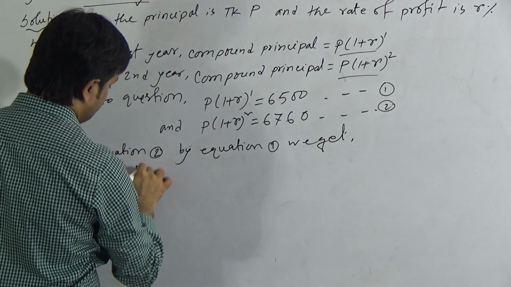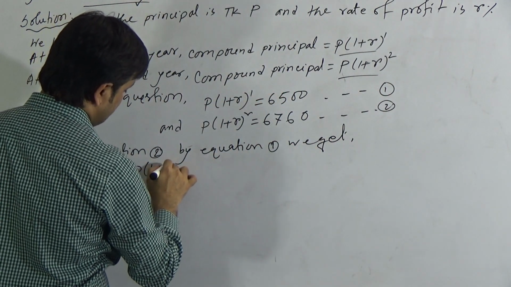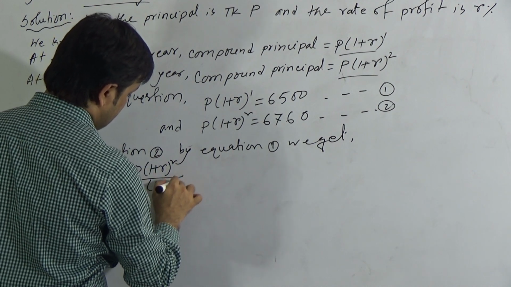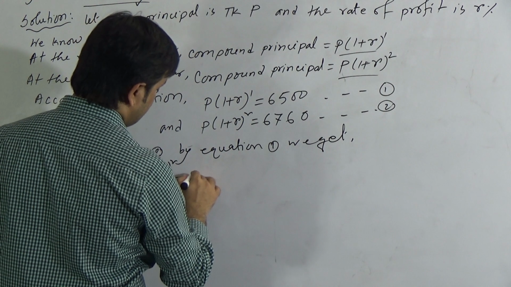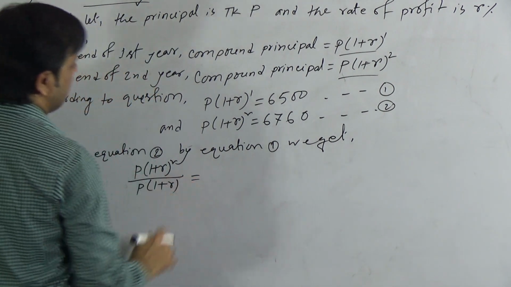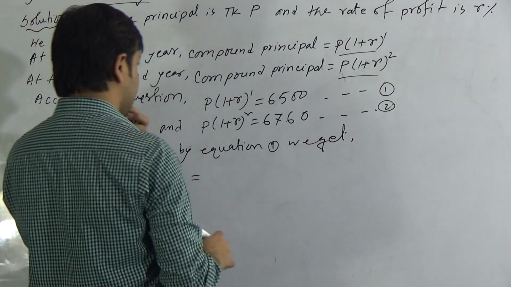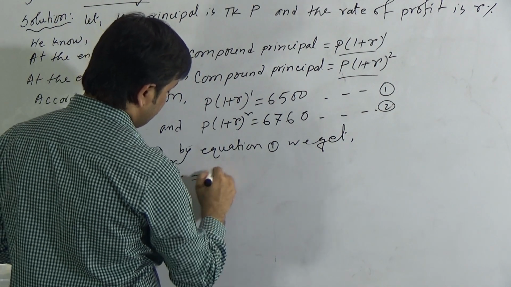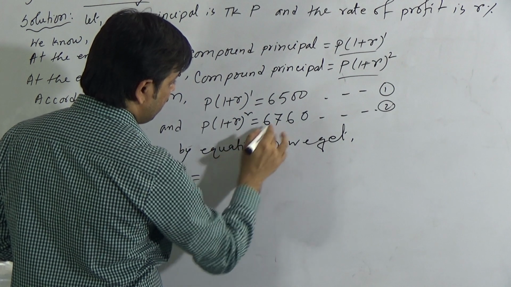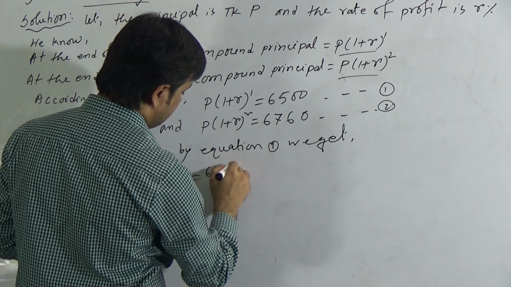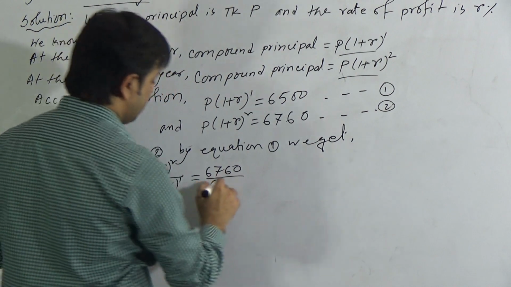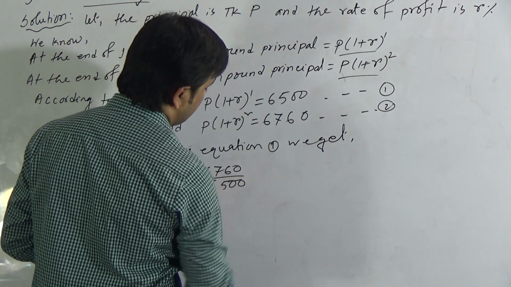So we can write here equation 2, that is P into 1 plus r whole square, we have to divide by P into 1 plus r whole to the power 1, that is P into 1 plus r. If you want, you can give 1 or not as you wish. On the right side, we have to divide 6760 by 6500.